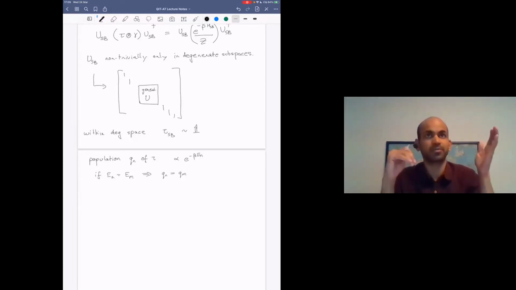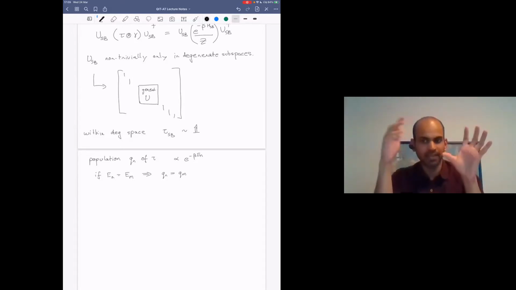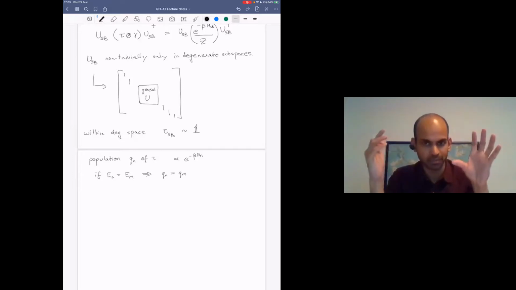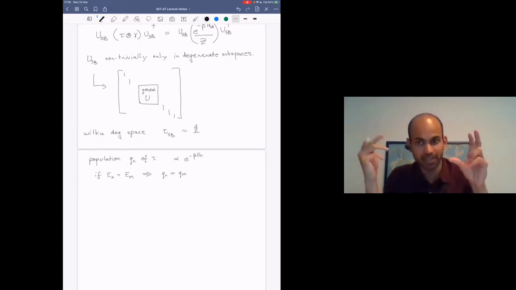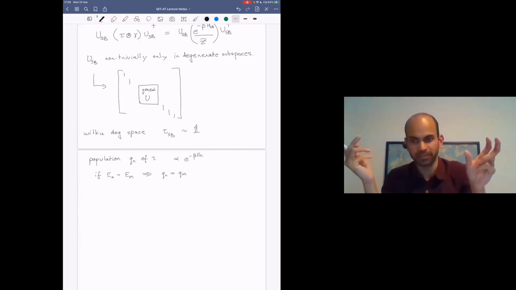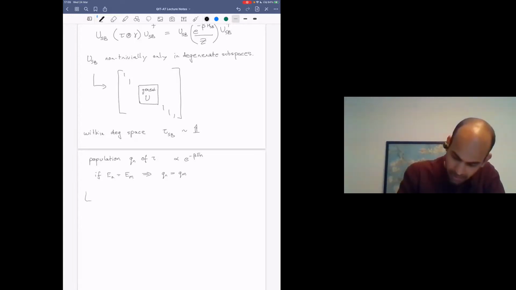So within a degenerate subspace, the density of a thermal state looks like it's proportional essentially to the maximally mixed state, which is a state that we know does not change under any unitary operations, which implies therefore that U_SB on tau_SB, U_SB dagger, is tau_SB.